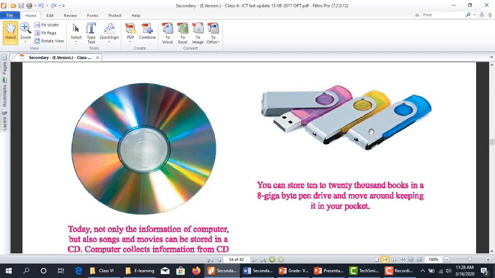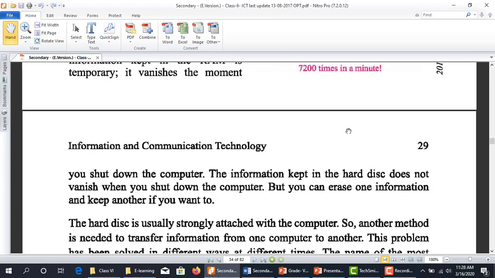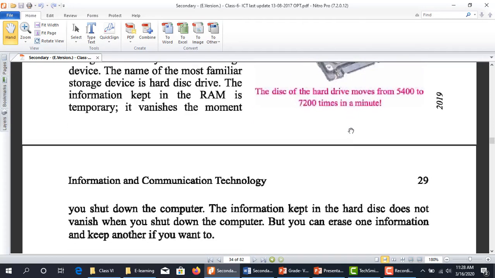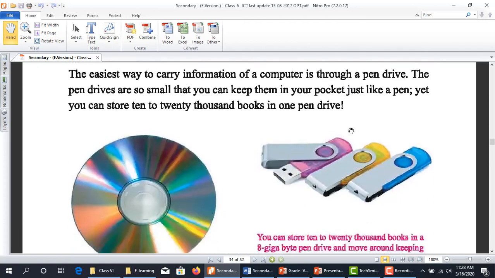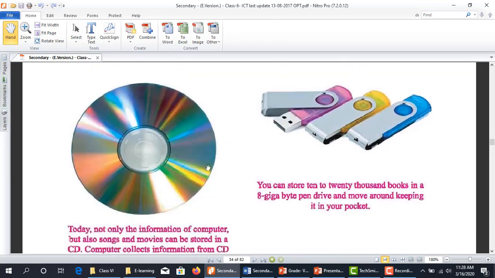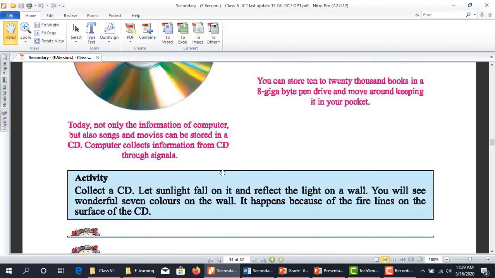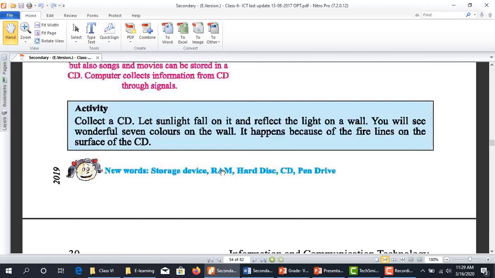All of these are portable, external devices. Nowadays you will also see external hard disks of 1 terabyte, 2 terabytes, 3 terabytes. A pen drive can be 128 GB, a CD 4 or 5 GB. CD, DVD, pen drive and external hard disk are all external memory devices used to transfer files from one computer to another.